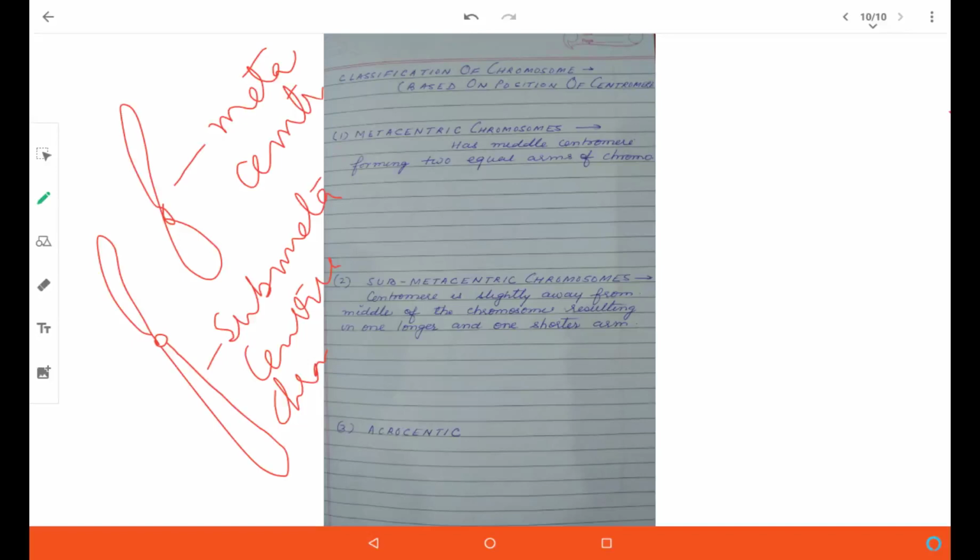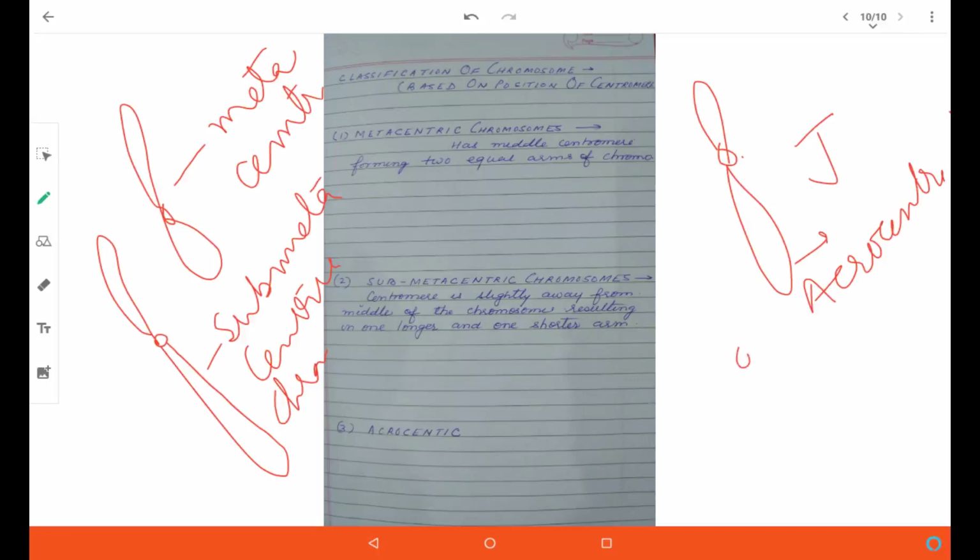Then comes acrocentric, where a little more displacement of centromere makes it J-shaped during the anaphase. This is acrocentric. And when the centromere is present at the tip of the chromosome, it is called telocentric.